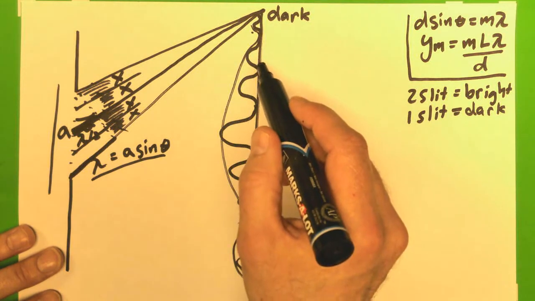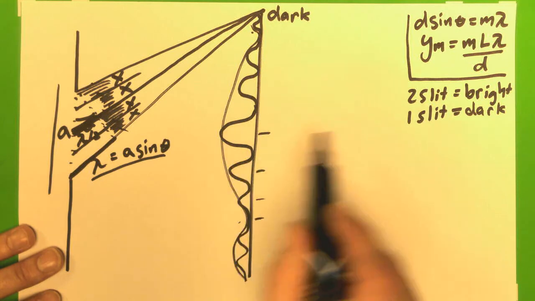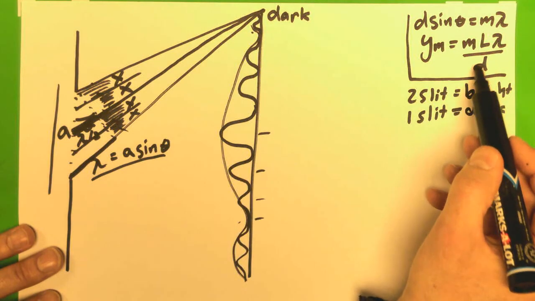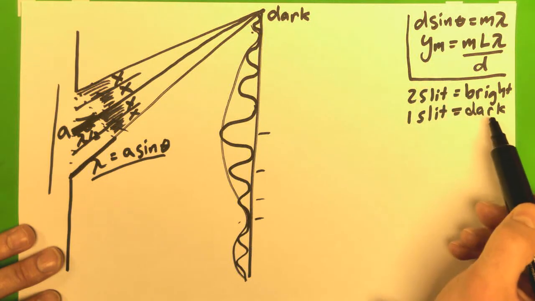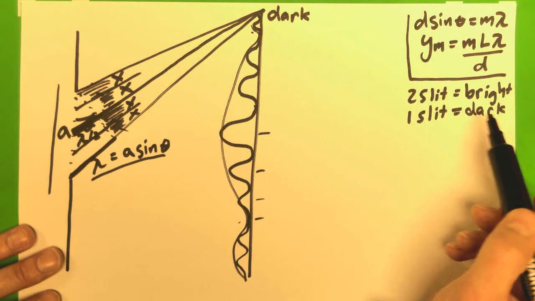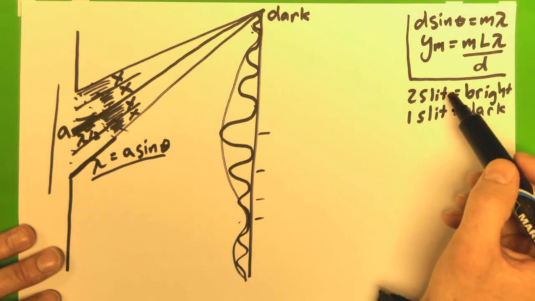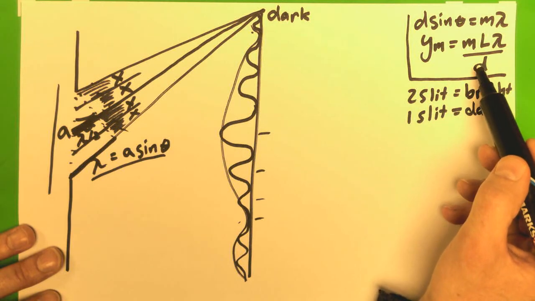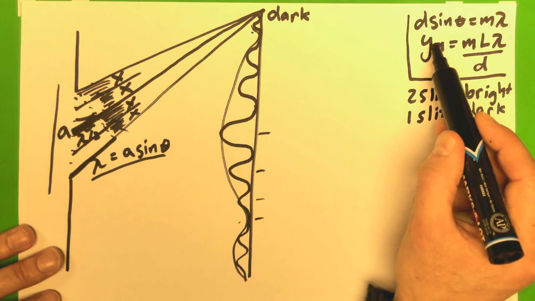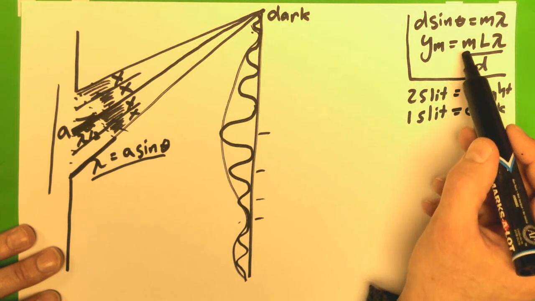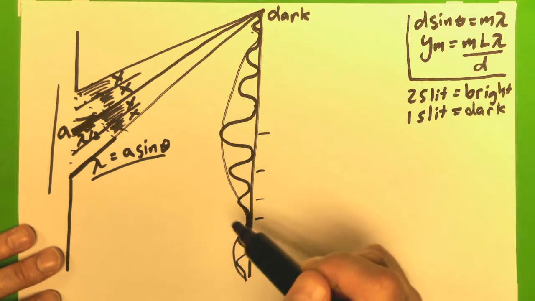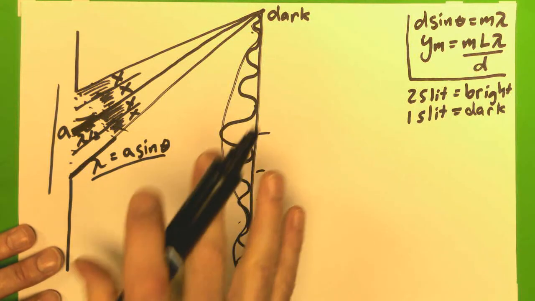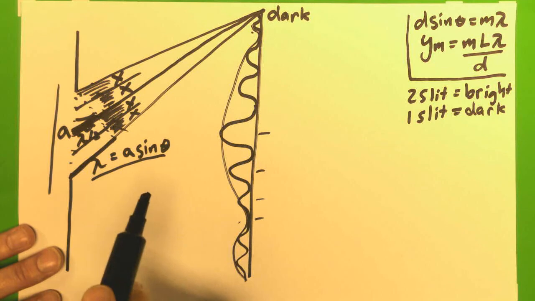But the point is that the single slit had a small width, making a big space before its first dark spot, whereas the double slit had a bigger spacing between the slits. Therefore, it was a smaller step to get to its first one. In fact, it could get to the fourth one by the time the single slit did, for this example. I will do that example mathematically in the next video.